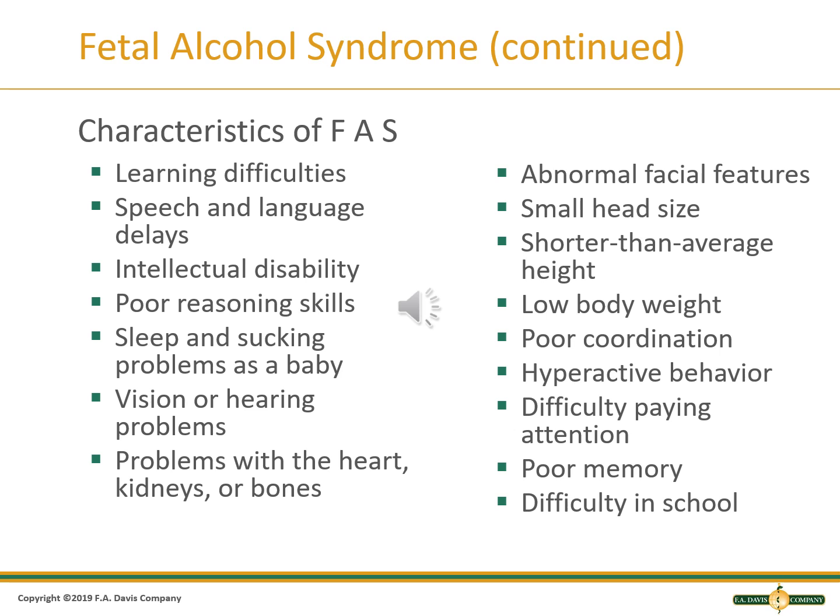Characteristics of fetal alcohol syndrome include learning disabilities, speech and learning delays, intellectual disabilities, poor reasoning, sleep and sucking problems, vision and hearing problems, problems with your heart, kidneys, and bones, facial abnormalities, small head, shorter than average height, low body weight, poor coordination, hyperactive behavior, difficulty paying attention, poor memory, and difficulty in school.